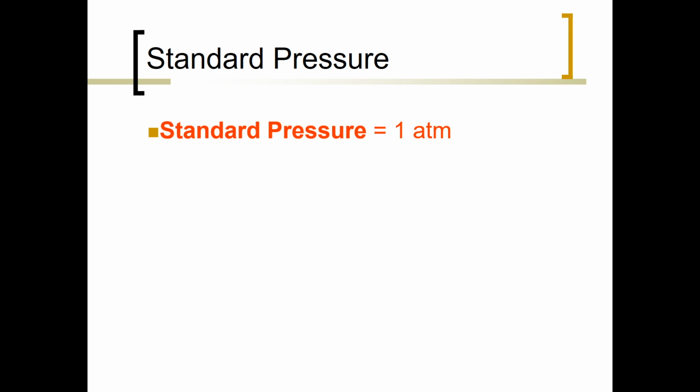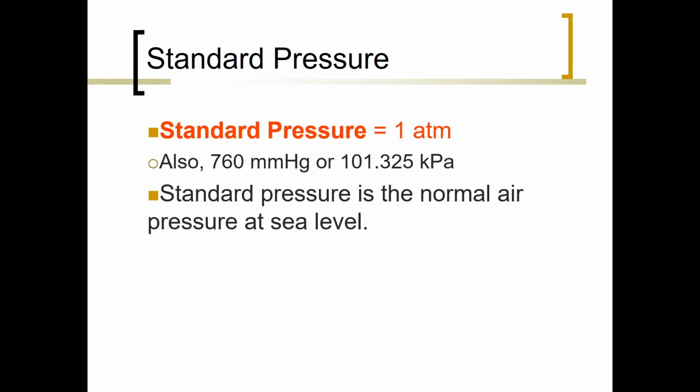How much time do we have? Standard pressure is 1 atmosphere. It's also the same thing as 760 millimeters of mercury, or 101.325 kilopascals. We will also be doing unit conversions between all 3 of these units. We will not stick to one standard unit of measure, because everywhere you look is different.